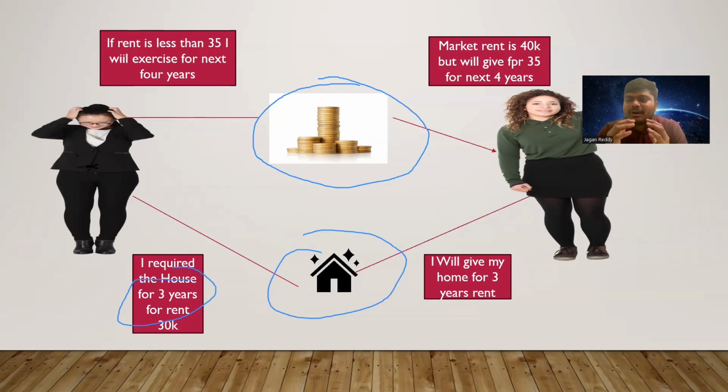For suppose the rent of the property is 40K after 4 years, but in the lease agreement they clearly mention that after 4 years, I can take the property for 35K rent for the next few years also. So this shall also be considered in the lease term.